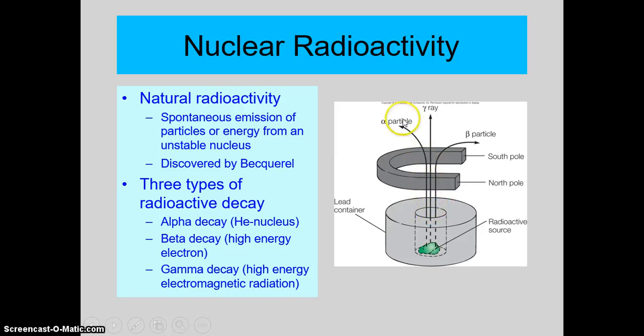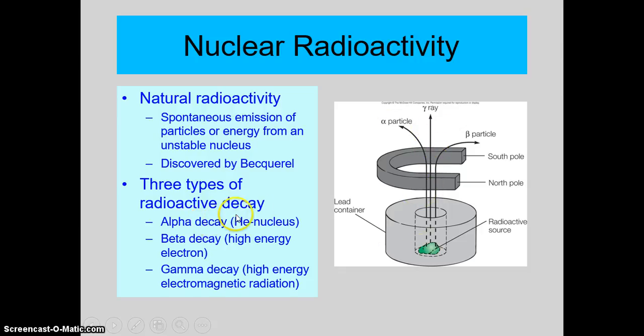One of the particles, which they called an alpha particle, bent in one direction, and another particle bent in the opposite direction, and it bent much more. It curved a lot faster, with a lot more curvature, and they called that a beta particle. And then there was one that didn't curve at all, but there was a detector somewhere over here where it would detect. And now we actually know, of course, what these things are.